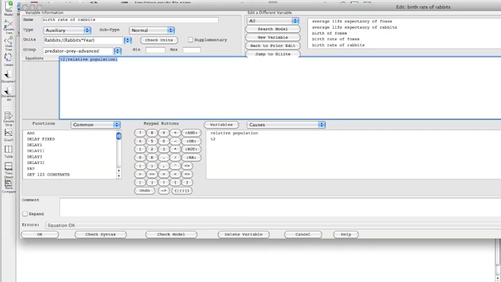There's a variable called relative population, which we'll discuss in a second, and then there's a notation I use, table 2. There's also a table 1 for the foxes, where essentially the birth rate of rabbits, which is given in rabbits per unit rabbit per year, so it has units of 1 per year, is a table function, a lookup table function. And I want to tell you how that is introduced now.